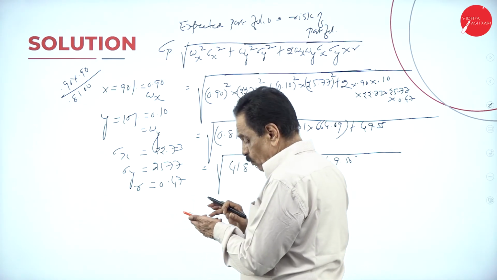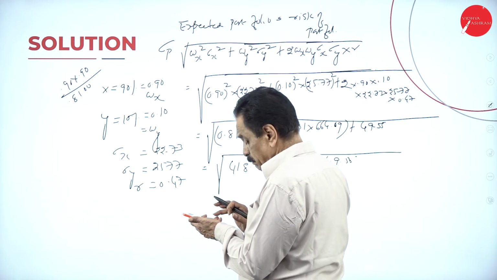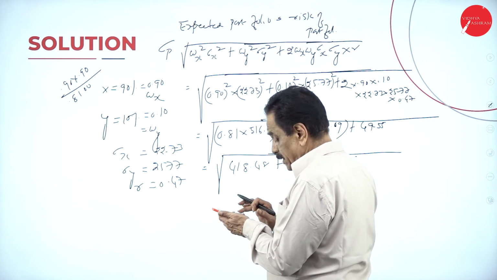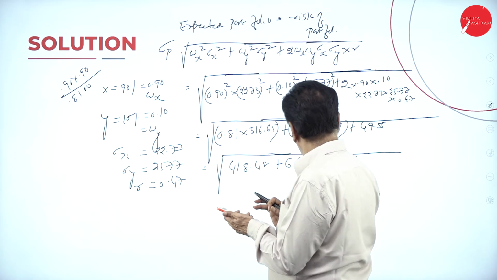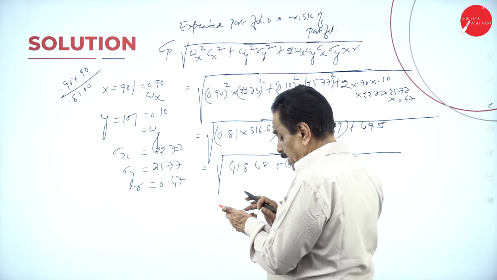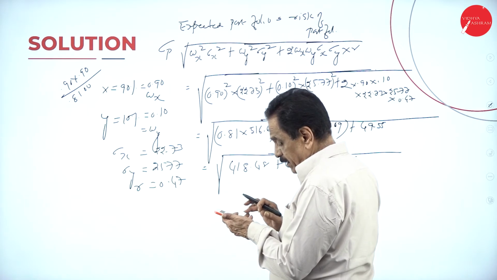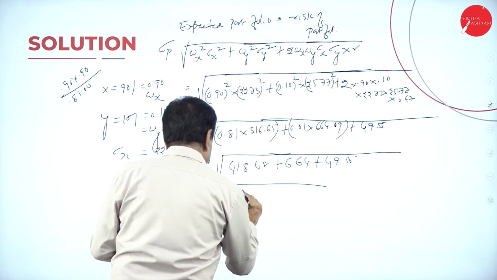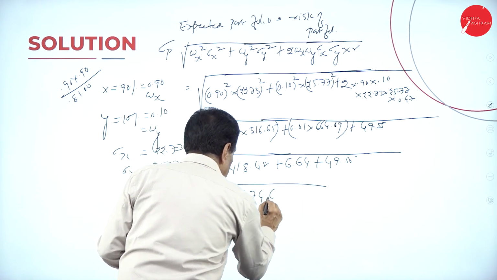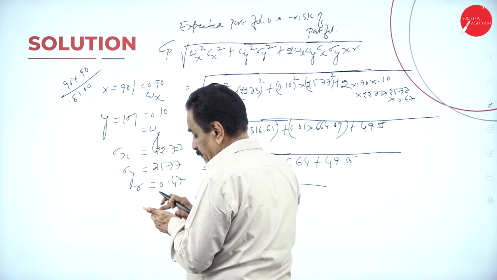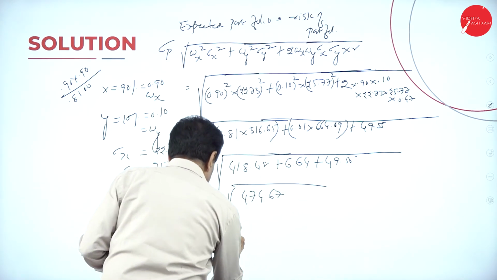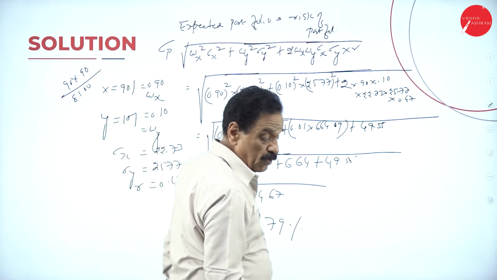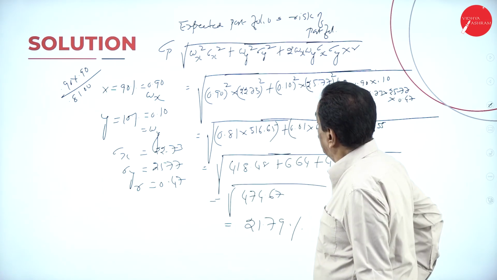Add the figure: 418.48 plus 6.64 plus 49.55, 474.67. Root of this is 21.79%. This is the portfolio return. This is the expected return.